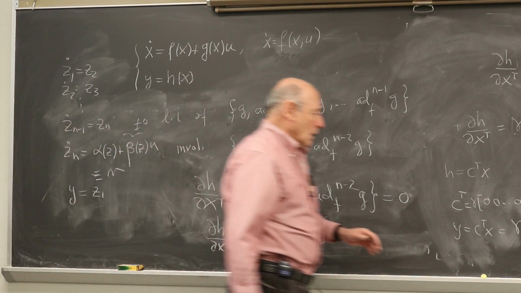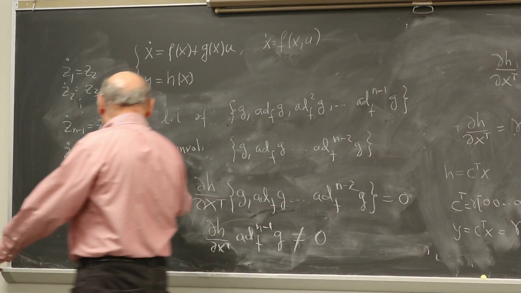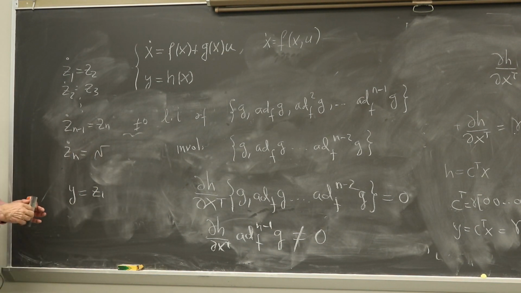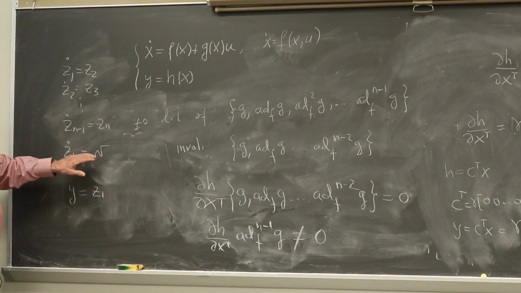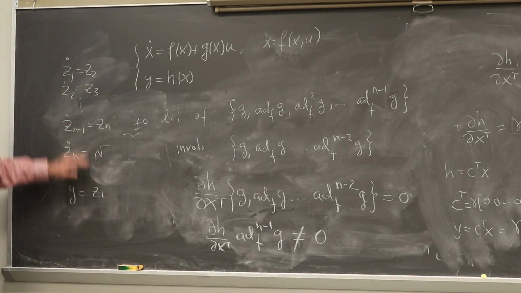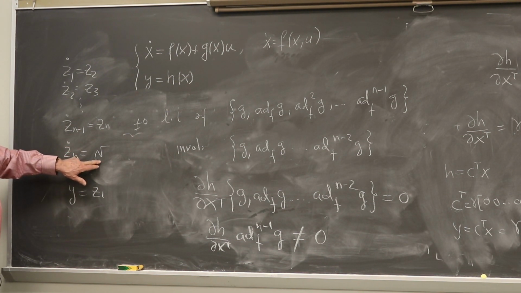So in every nonlinear system I will have this hidden chain of integrators, modulo an invertible input coordinate transformation, in which the output is the nth integral of the input.